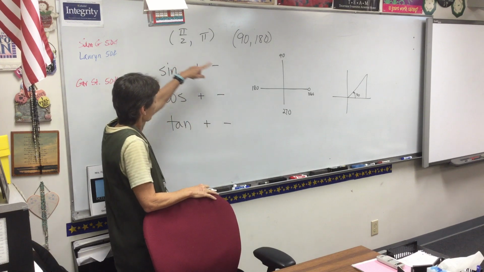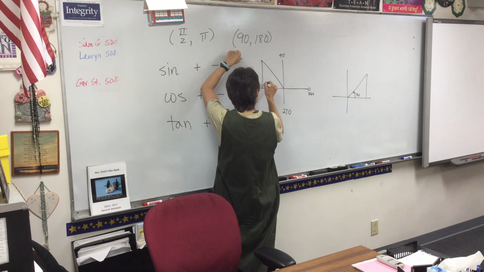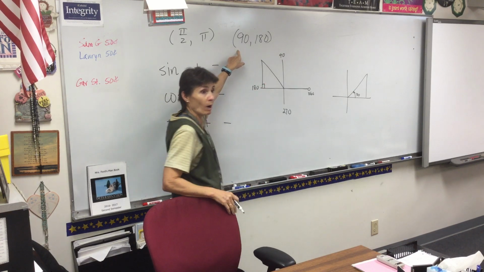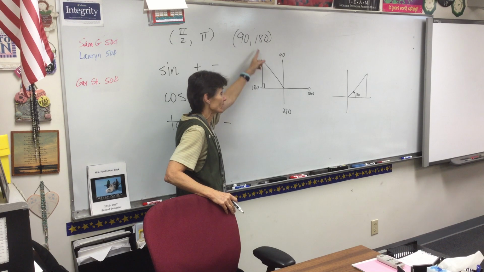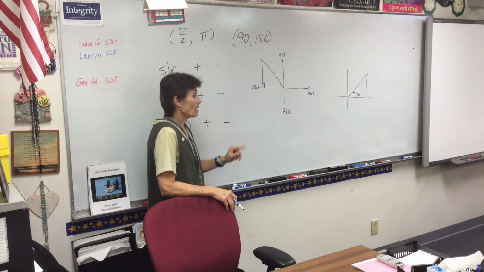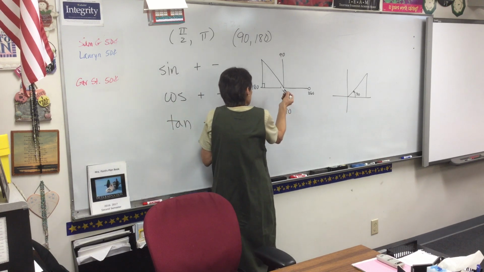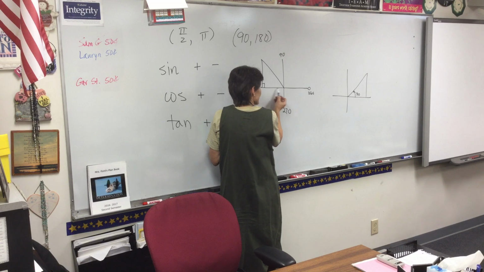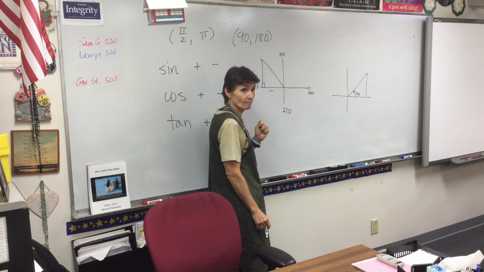So for this problem, we're between 90 and 180. So we are looking at an angle in that quadrant. All this does is tell you which quadrant you're looking in. You're looking between 90 and 180 in that quadrant. Now, I don't know any actual numbers, but I do know that whatever this side is, it would be negative. Would you agree with me? Because it's in quadrant 2.